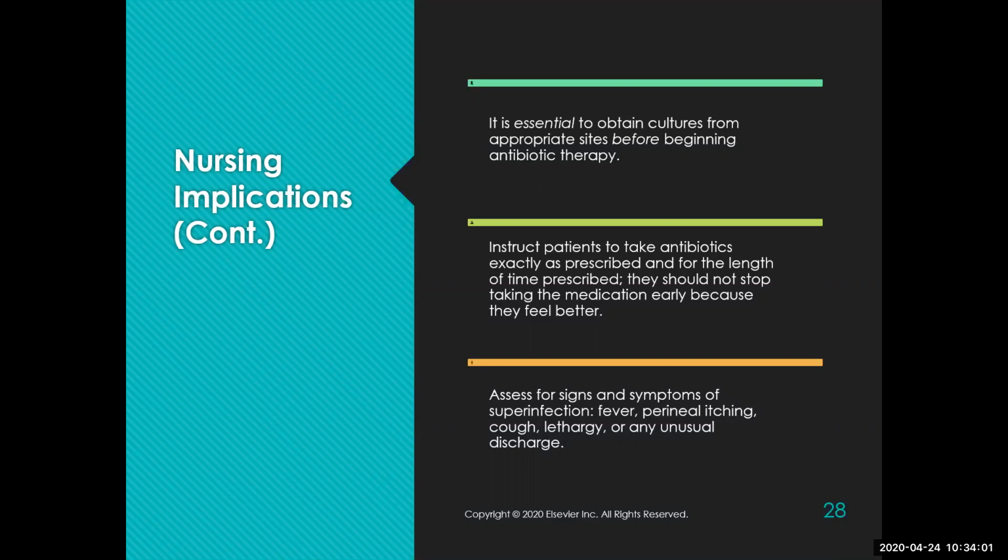We know we're going to have to start with the broad spectrum and then narrow it down. In those cases, you want to culture the source or the suspected source of infection before you give any doses of antibiotic.